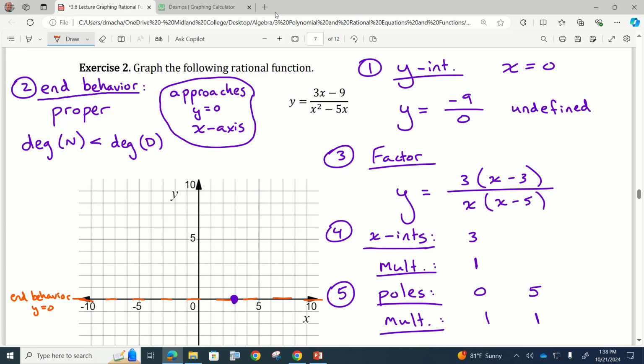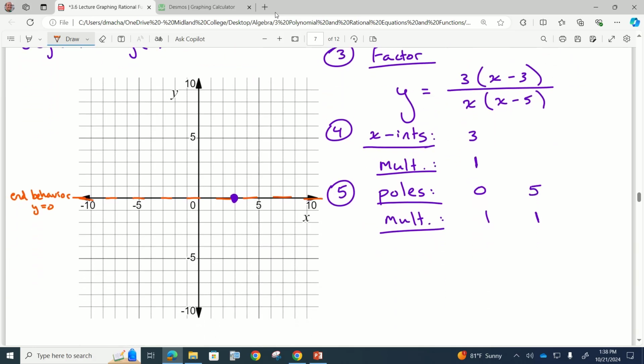And then I'm also going to put 2 vertical lines here for my 2 poles. And the fact that the y-axis is a pole tells you why I don't have a y-intercept. And then also there's one at x equals 5. I'm putting this down.